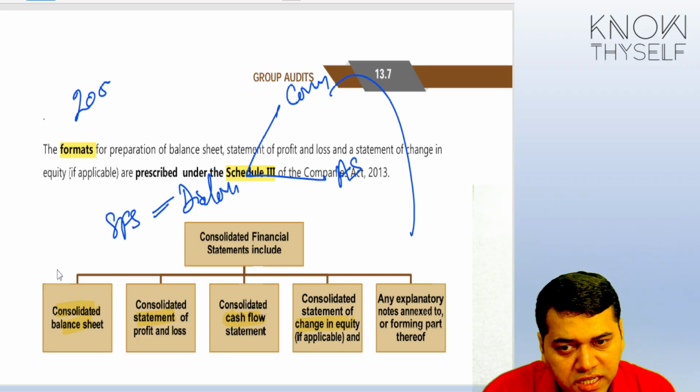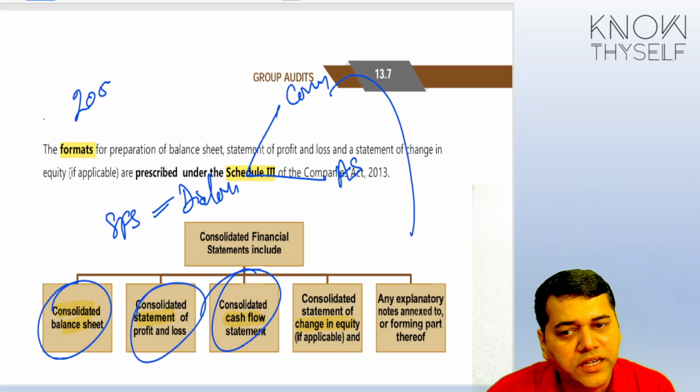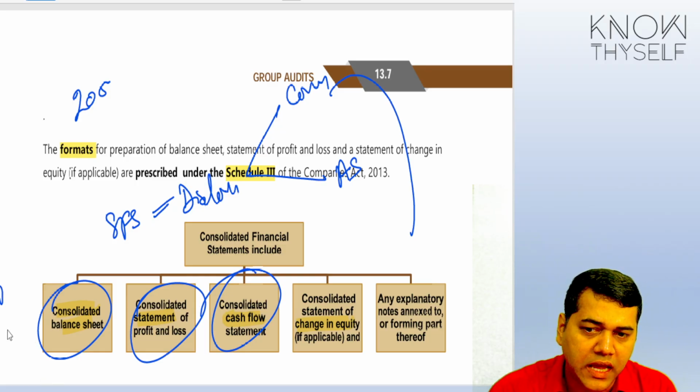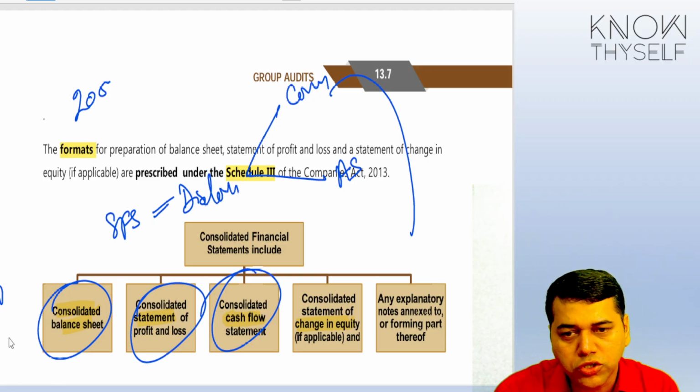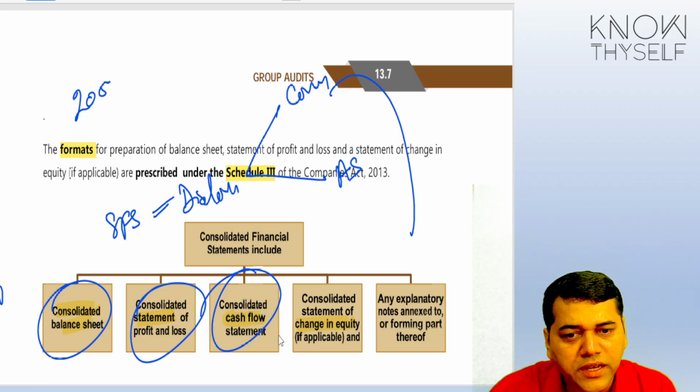We understand how to prepare CFS, P&L, cash flow, that we already learned in Ind AS 110 in FR. But in FR, have you ever given the notes to accounts for the CFS? Have you disclosed anything in the notes to accounts? Probably the chances are very low.